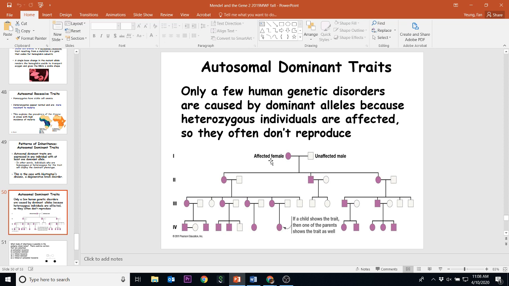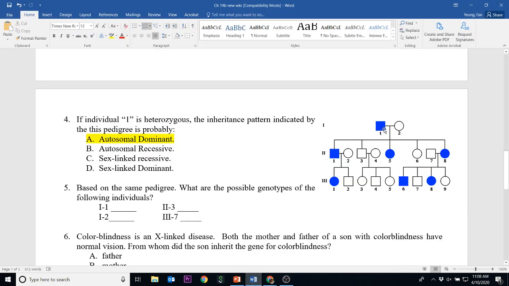So what I was trying to tell you is that the parents usually have one that already showed the disease and most of the kids will have it. So if you look at this worksheet here, one of the parents has the disease, right? And 3 of the 5 kids, 1, 2, 3, 4, 5, have the disease. So that's why I say for number 4, it's going to be autosomal dominant.